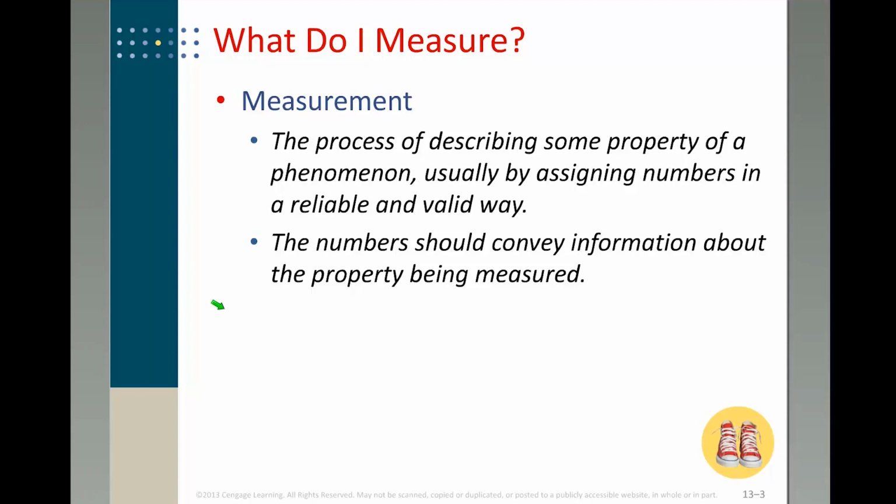Now, of course, the numbers should convey information about the property being measured. Sometimes measurement is easy to come up with if you have a very specific goal. If you're talking about improving company sales, then the measurement will be the number reflecting in sales. That's direct and easy to measure.